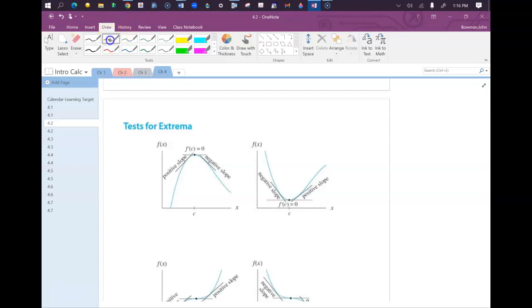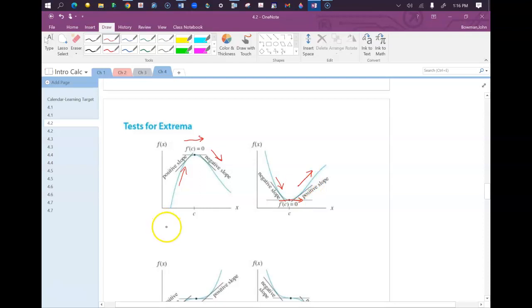So what you notice here is that f prime would be positive, then f prime is 0, and then f prime goes negative. To the right, where there's a relative minimum on that graph, f prime is negative, then f prime is 0, and then f prime is positive.